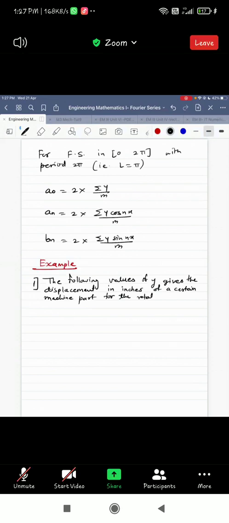Okay. The question is: expand y in terms of a Fourier series up to the second harmonic.